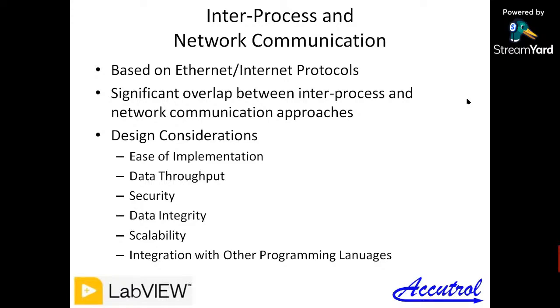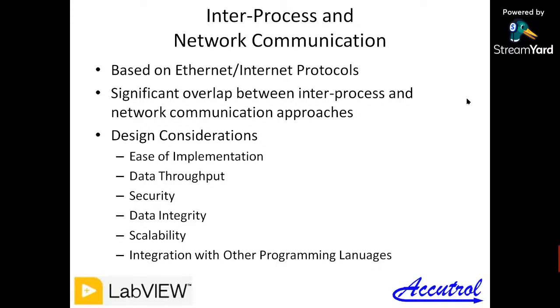When you are working with inter-process or network communication, here would be a good place for you to let me know ones that I left off the list. Ease of implementation: some of these are pretty easy to work with, some are pretty complex and require a good bit of setup and knowledge.